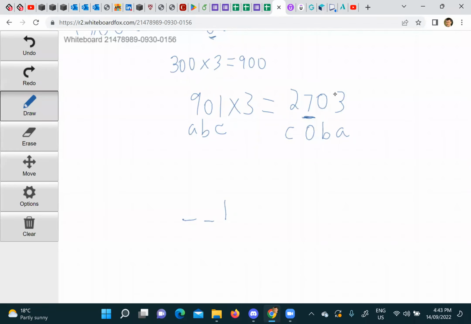Why is that? Because C is the biggest one, and C is the last digit of the 3-digit number, so it could be. Okay, so the last digit corresponds to the first digit, right?